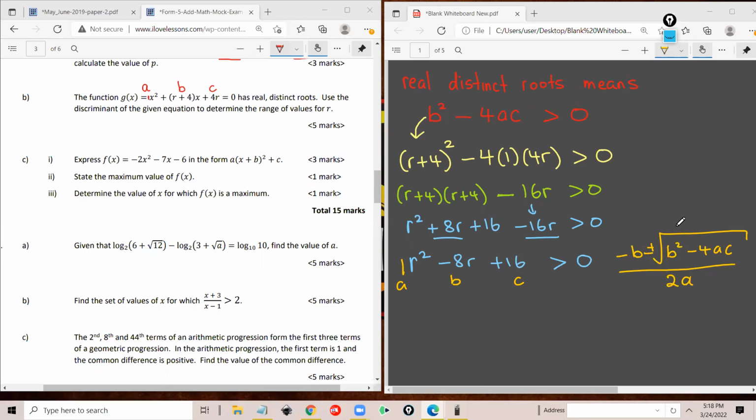It just so happened when you use this formula to solve it, we get the same 2 answers, 4 and 4, which really means it has 1 answer. So that means R is equal to 4. That's the answer. R is equal to 4.